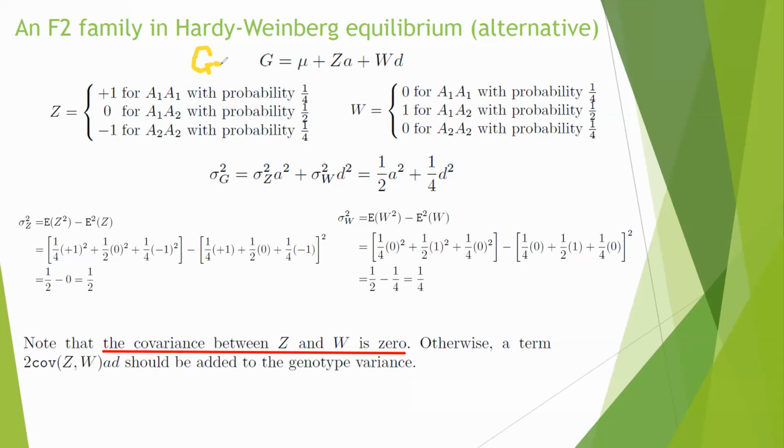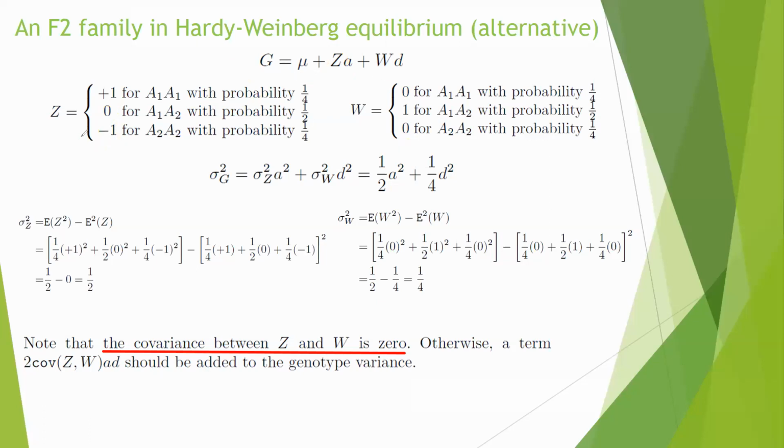For the homozygous A2, the phenotypic value also consists of the midpoint mu, but we have a -a, so we define Z as -1 in this case. Since this is homozygous, there are no dominance effects, so again we define W as 0. Makes sense? Okay.